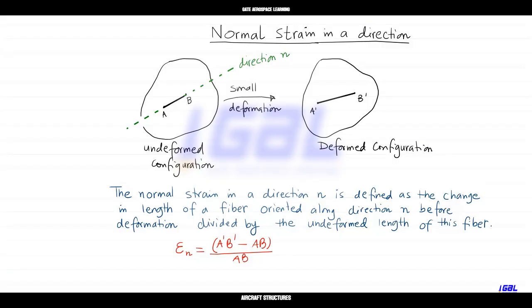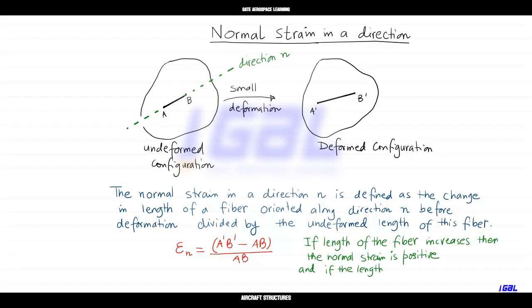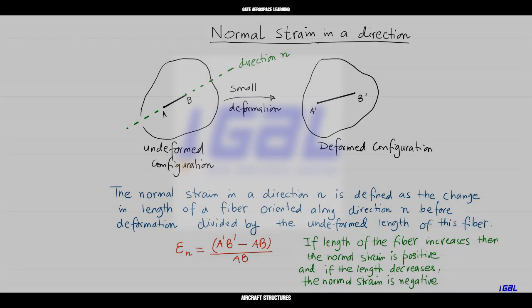So if the length of the fiber increases, then the normal strain is positive, and if the length decreases, the normal strain is negative. Thank you.